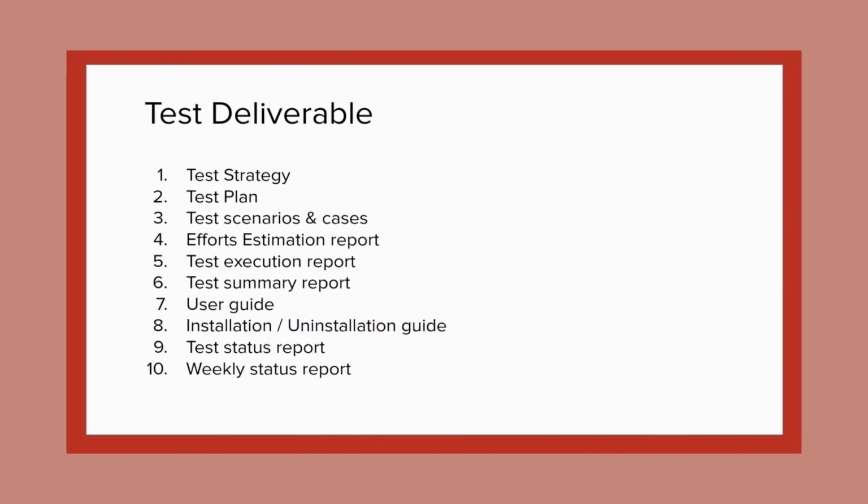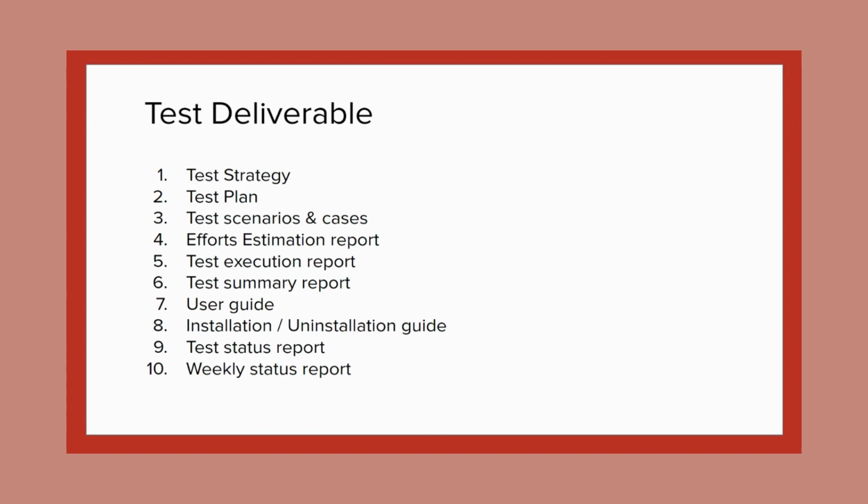Now, once your testing is done, what will be delivered to the client? One will be your test strategy, which will be given in the beginning, before you actually start the whole process of testing.